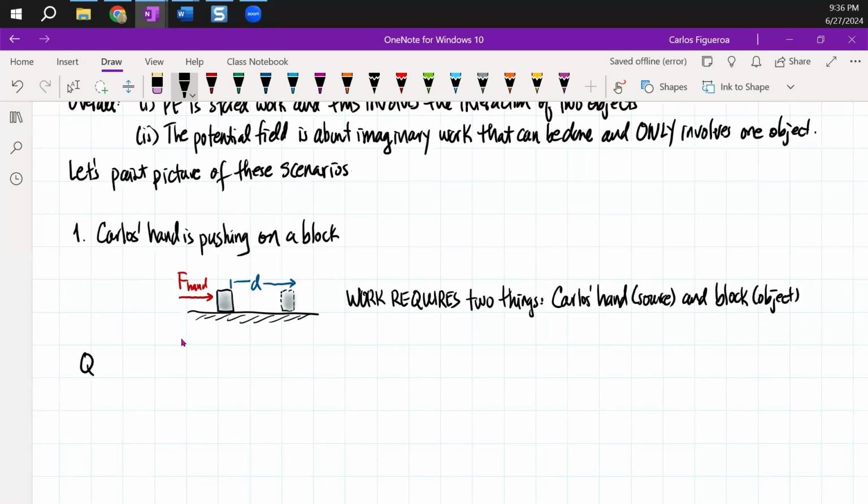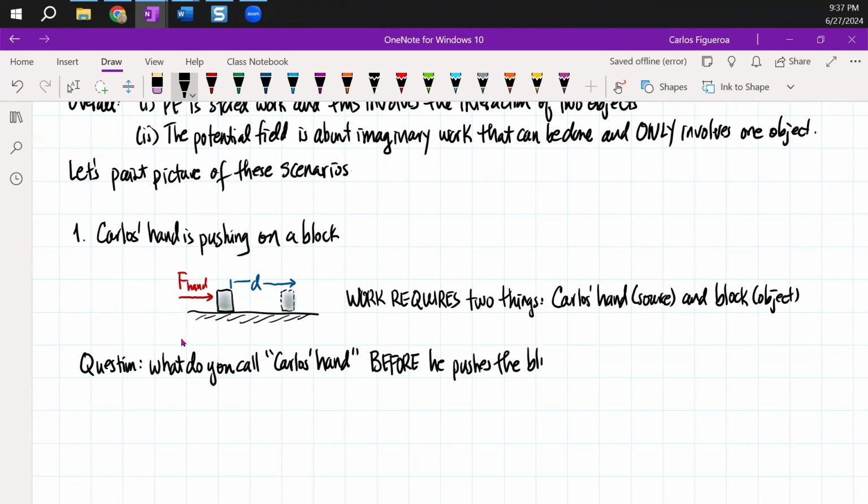Now, the question that I have goes like this. What do you call Carlos's hand before he pushes the block?